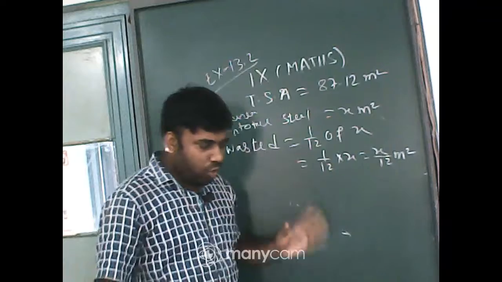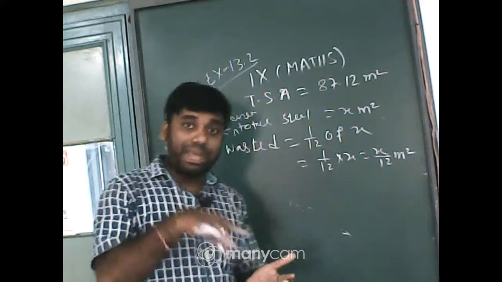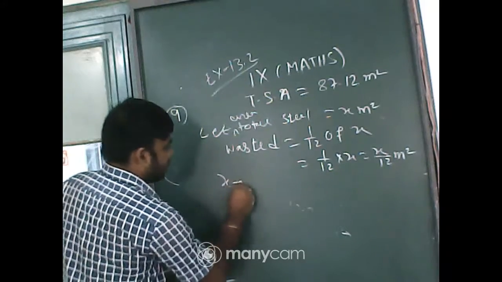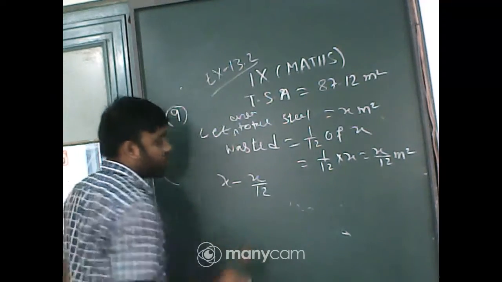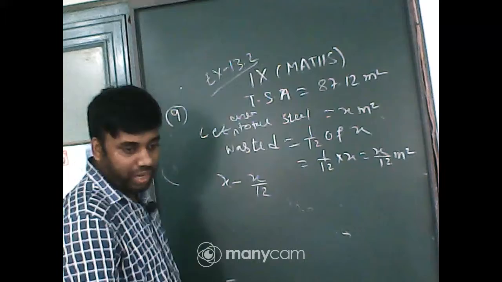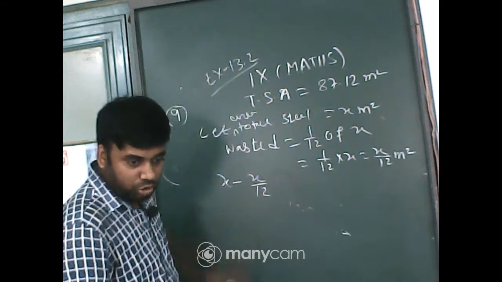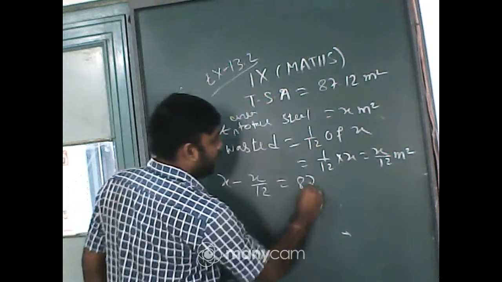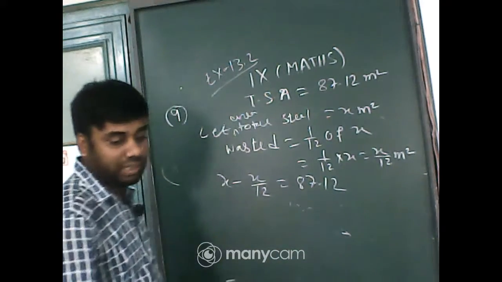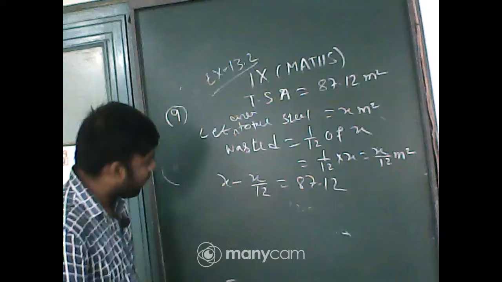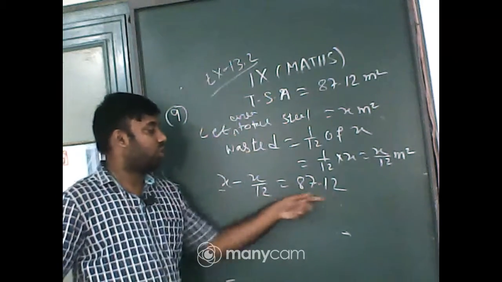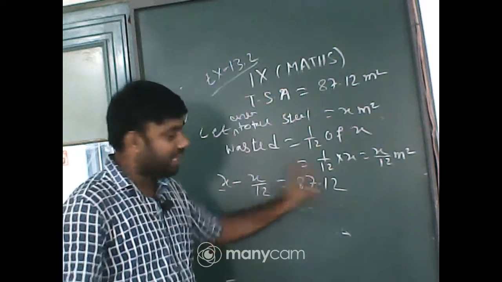Okay. Now for making that cylinder, x minus x by 12 meter square is required, is used. So that must be equal to 87.12. Any problem in this equation? Tell me quickly. x minus x by 12 means total sheet minus wastage equals the area of the closed cylinder.